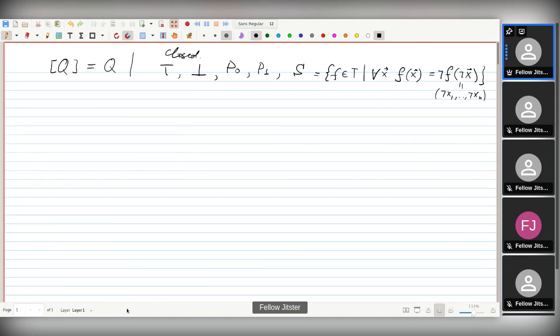Now, let us introduce two more classes, which will be proven to be closed. First of all, the class of monotonic functions. What does it mean that a function is monotonic? A function is monotonic if it preserves or respects some ordering.